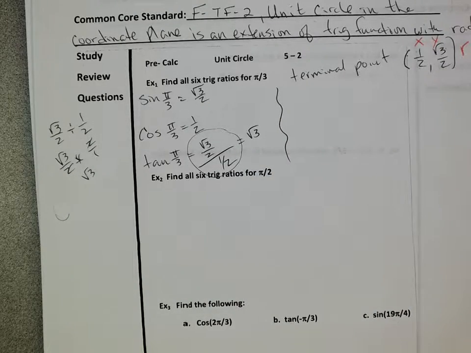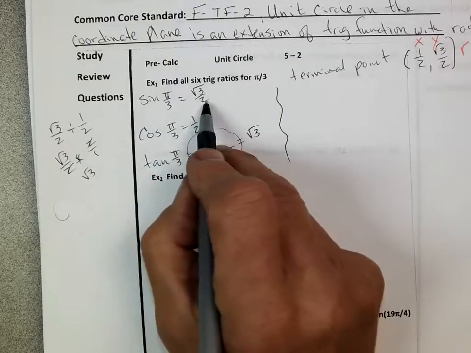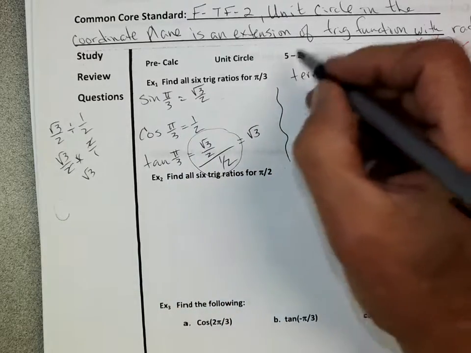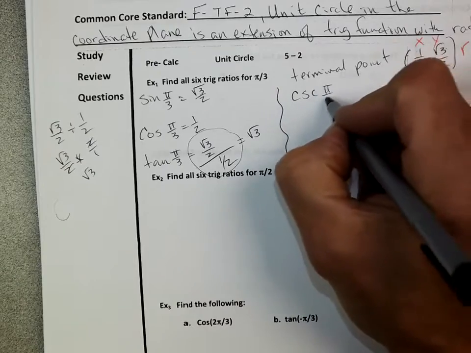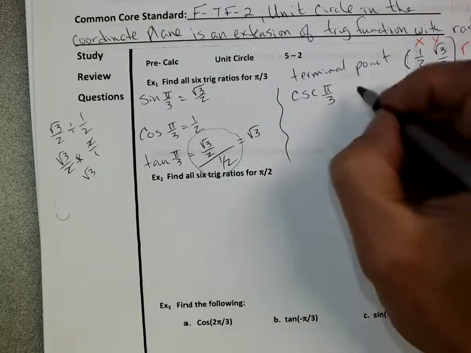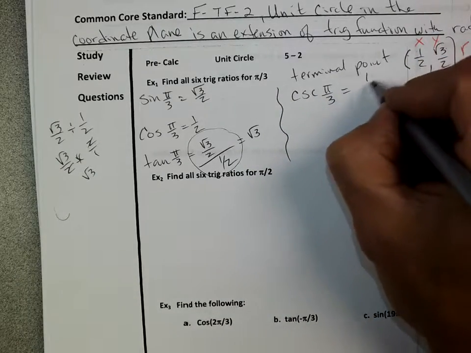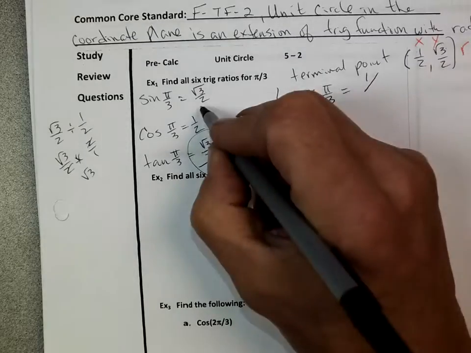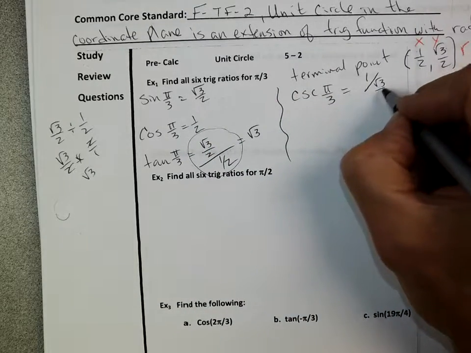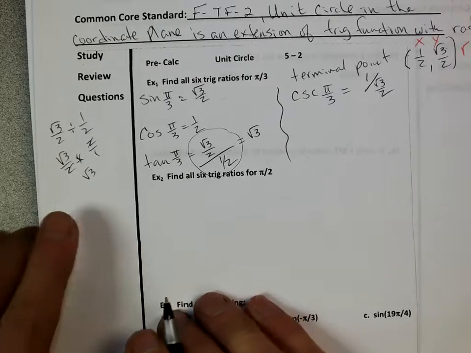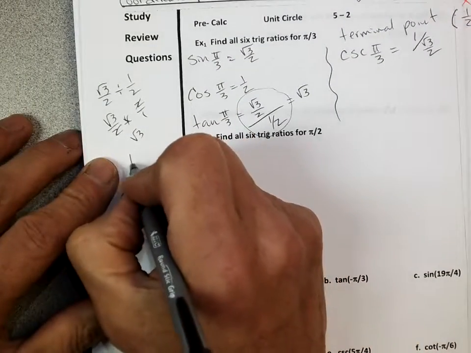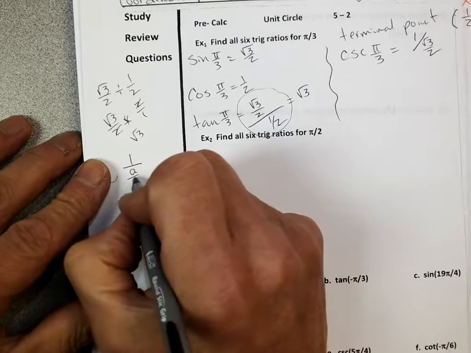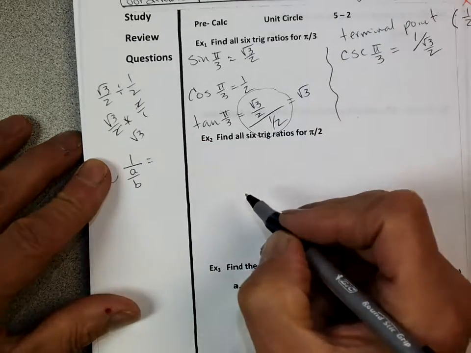All right, now the sine of pi thirds was square root of 3 over 2, so its cofunction is called cosecant. So cosecant of pi thirds, let's see, cosecant is going to be 1, because that's the radius, over the square root of 3 over 2. I'm going to have to do a little fraction work on this one too. Oh, we learned a long time ago that if you have 1 over any fraction, it flips the fraction, right?